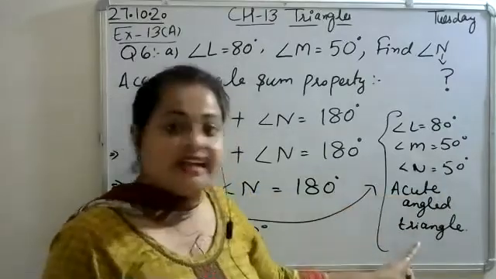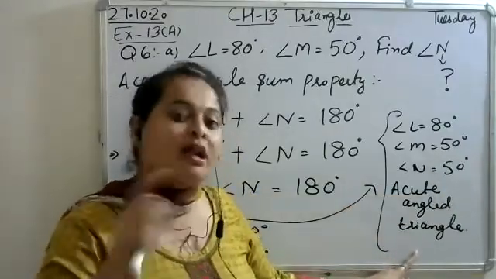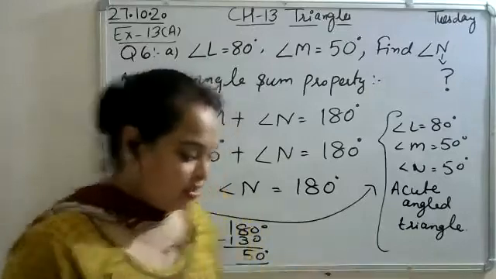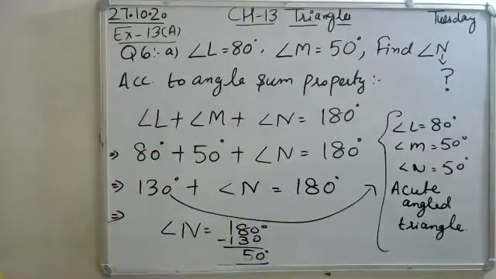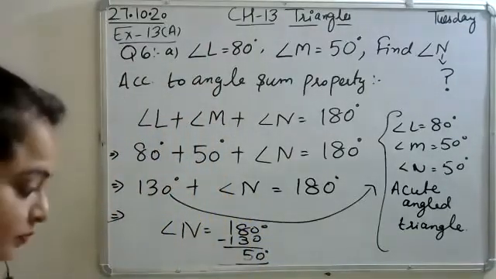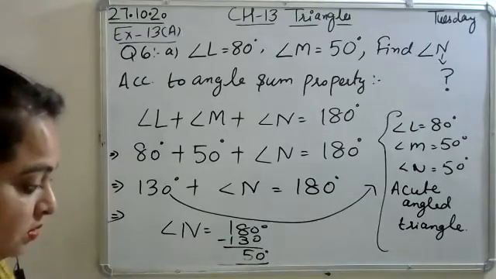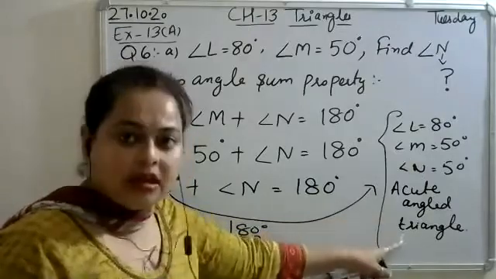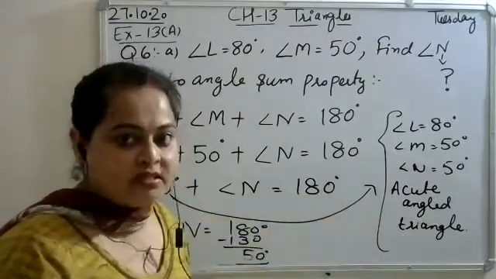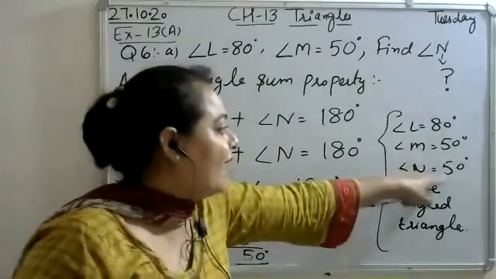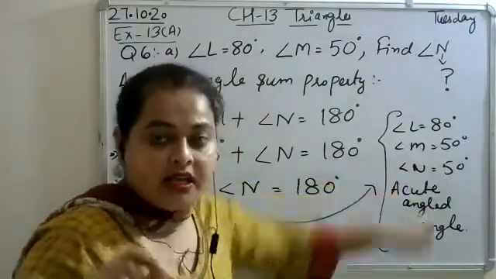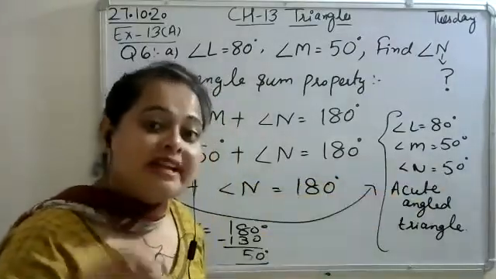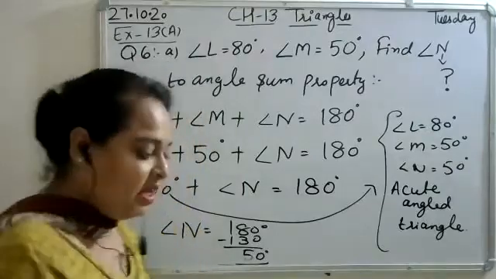So either write acute angled or isosceles, both are correct. Yes, this is your wish.